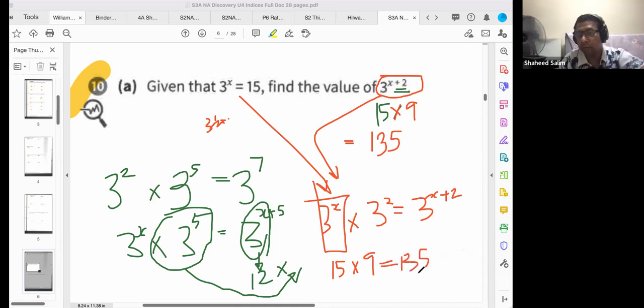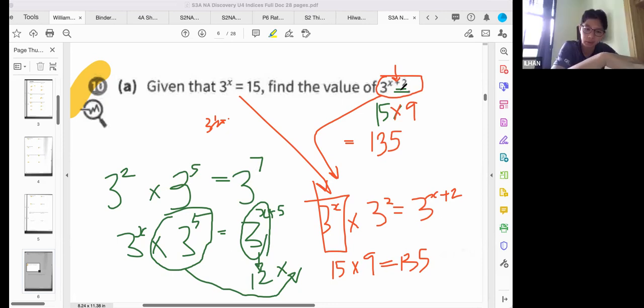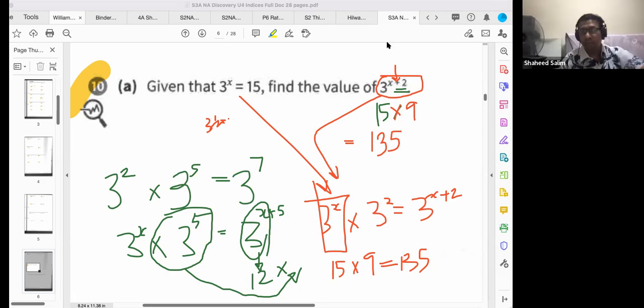The confusion sometimes is we are supposed to plus. Adding the powers doesn't mean adding the numbers. Adding the powers is actually multiplying the numbers. 3 to the power 2 times 3 to the power 5, you got to times it. Although you add the powers, you are actually multiplying. That's why we multiply by 9 over here. Are we okay? Yeah, I understand. So how I move on? Yeah.